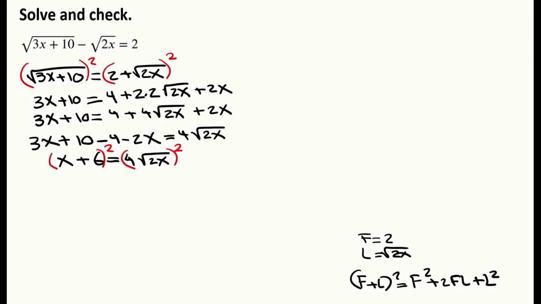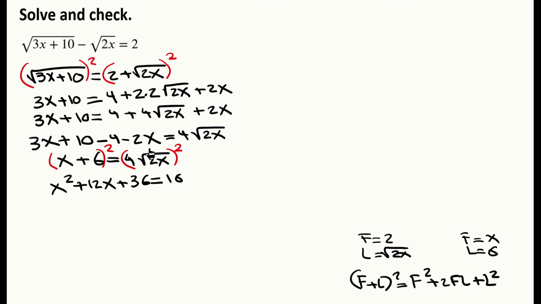So on the left side again, this time we're going to apply the f plus L squared formula, but this time we're going to use f equals x and L equals 6. So we end up with x squared plus 2 times 6 times x, which is going to be 12x, plus 6 squared, which is 36. And on the right side, when we square the 4, we get 16.